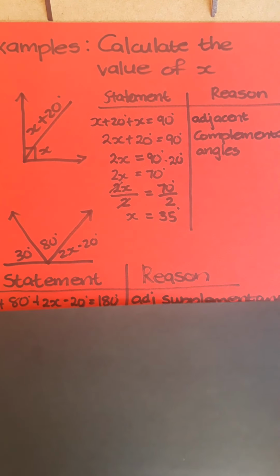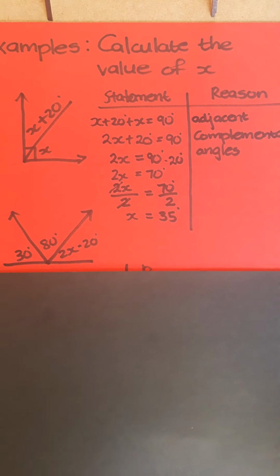The next kind of example, can you see? There's a straight line and we have rays coming from a common vertex, and we have three different angles that are formed. There's a 30-degree angle, 80, and 2x minus 20 degrees.